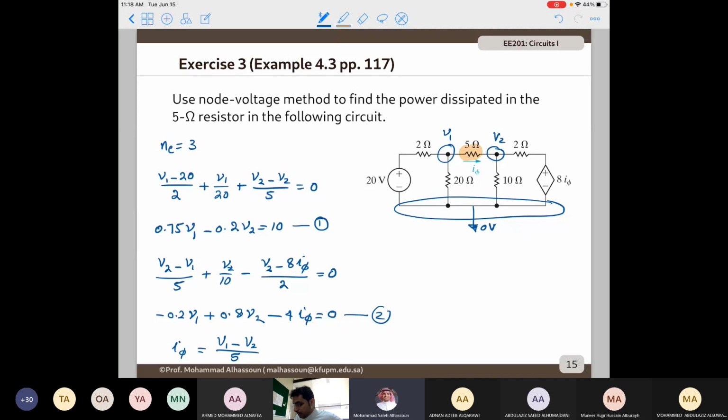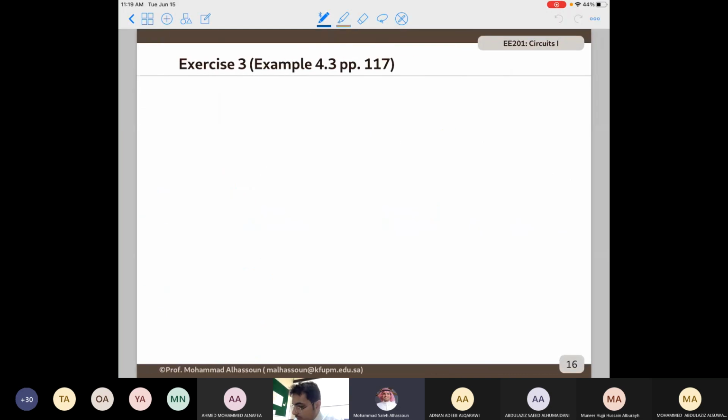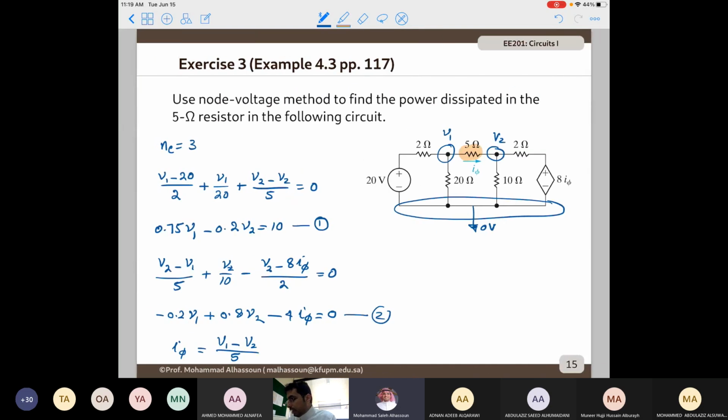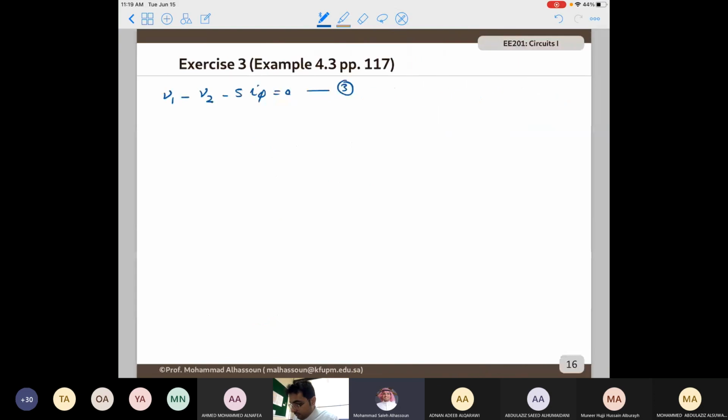If I simplify it, I will end up with V1 minus V2 minus 5 I phi equals 0. This is going to be the third equation. So now I have three equations and three unknowns, and I can easily solve for that.